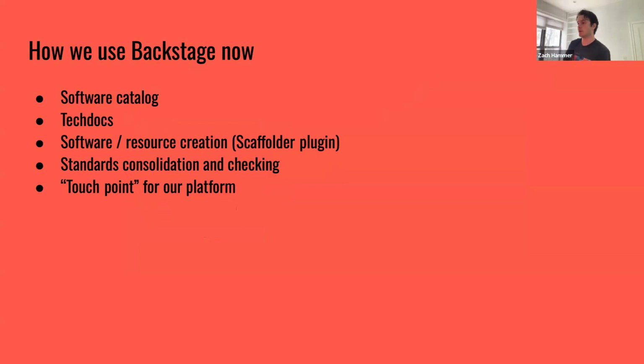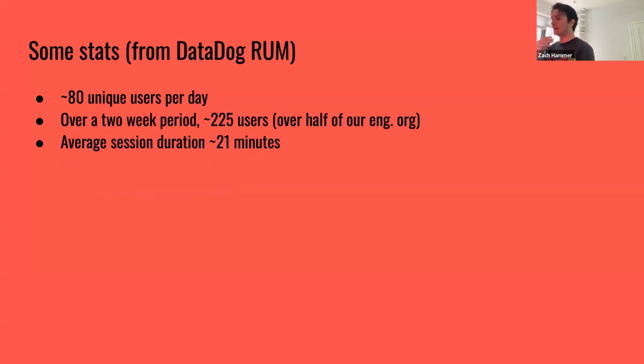Backstage is where our standards consolidation and also standards checking lives to make sure that our systems are all up to par on our recent best practices. And we see Backstage as our touch point to the rest of our platform. People are using a lot of different platform tools at SeatGeek, but when you're in Backstage, it should give you access to the parts of the platform that you need to interact with, run your systems, provision infrastructure, things like that.